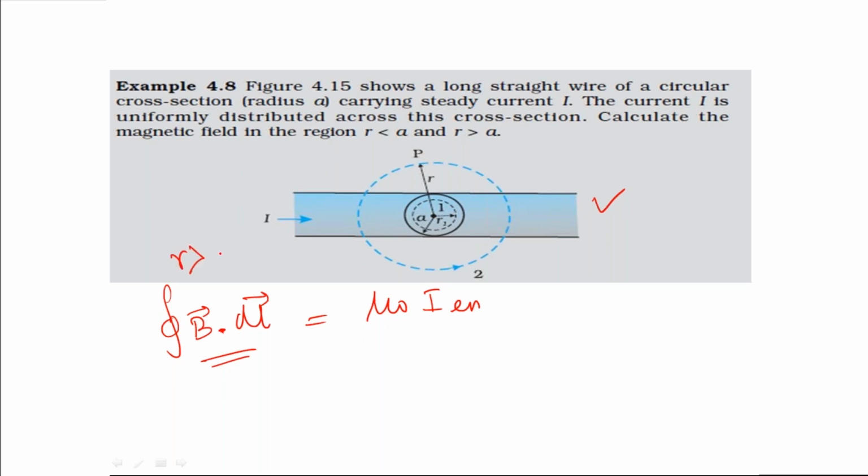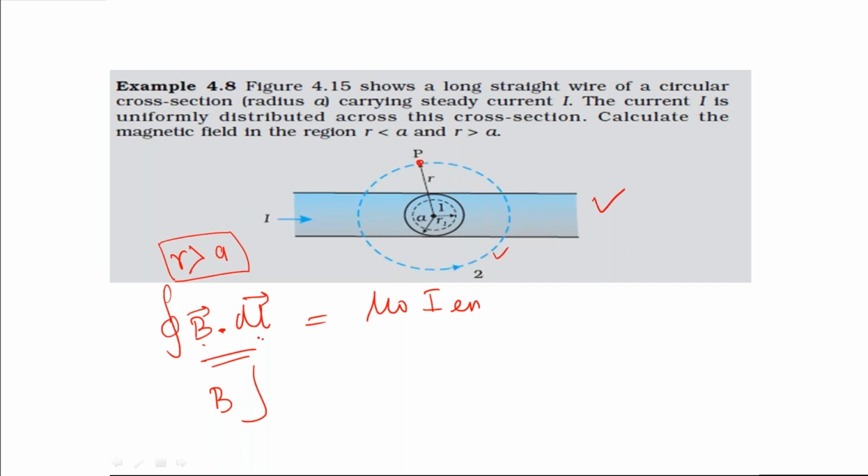I'm going to calculate first for R greater than A, which means any outer point. Suppose this is point P, and here the Ampere loop is circular, with radius R. By the cylindrical symmetry we discussed, B is always tangential.